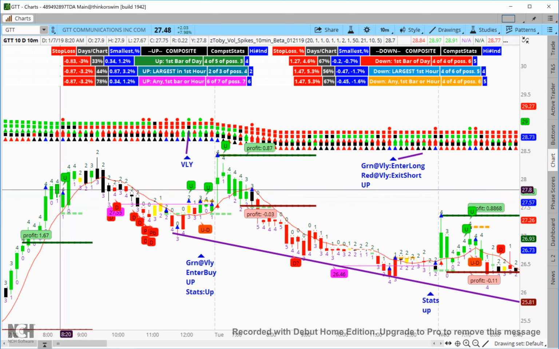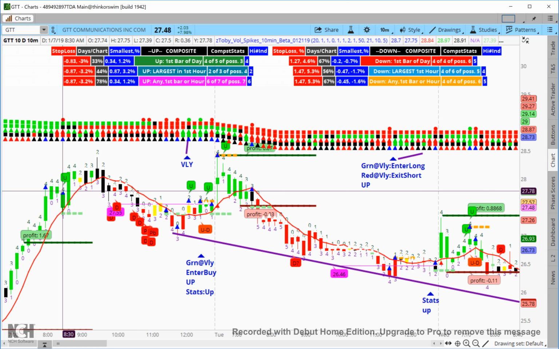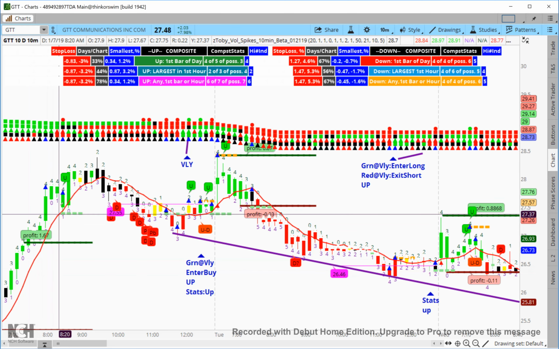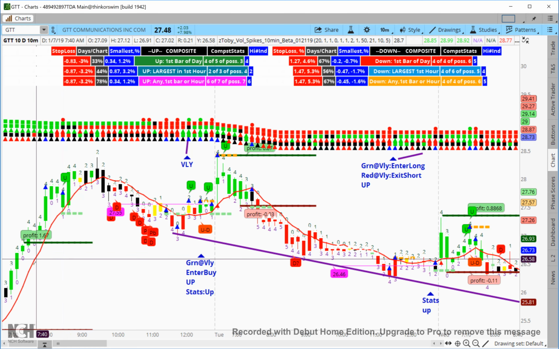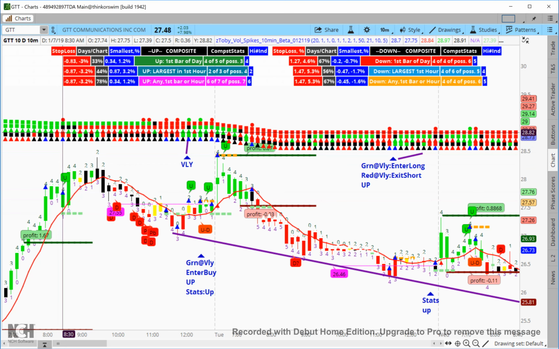But when you see the blue triangle, you can tell people are selling. And then you get a red momentum that has slowed down.